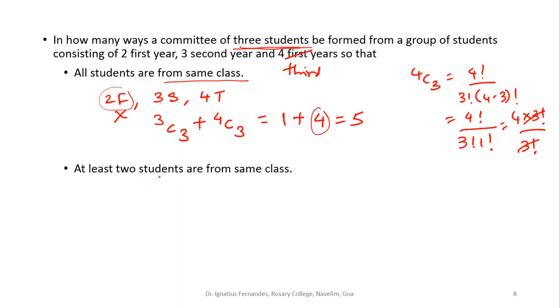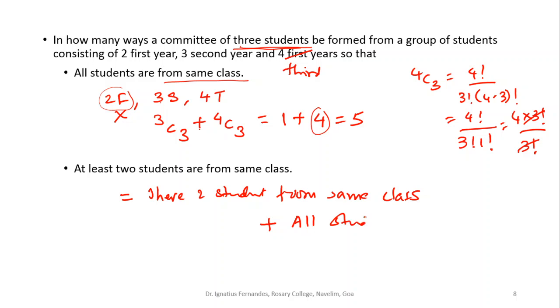When I say at least 2 students, it means either there are 2 students from the same class, or all 3 students are from the same class.